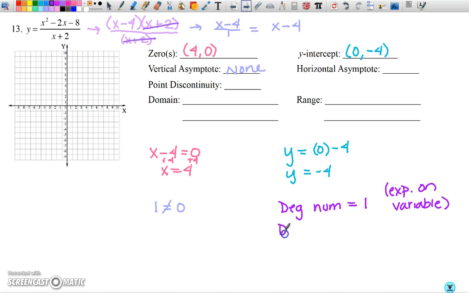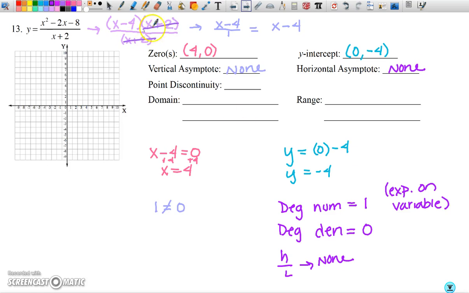And then the degree of our denominator is equal to 0 because there is no variable in our denominator at all. So what we have then is high over low, and so what that would mean is that there is no horizontal asymptote, so none here.